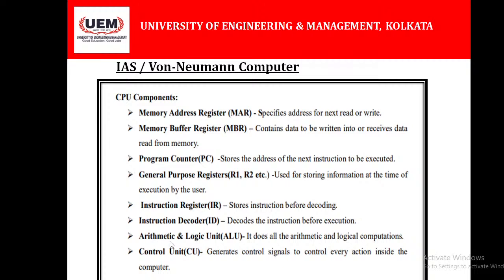And the ALU, the arithmetic and logic unit, can perform all types of arithmetic operations, addition, subtraction, and logical operations like XORing and all this. And the control unit is basically used for generating control signals to execute some specific task.